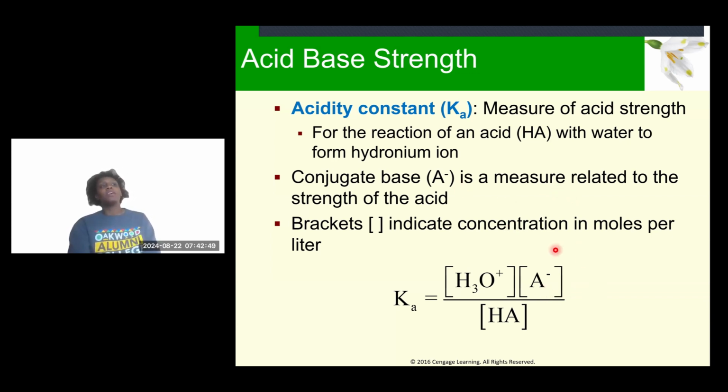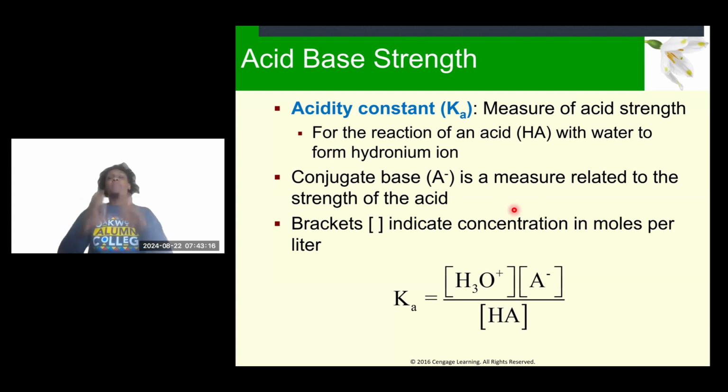Now I just want to point out, you see here where the conjugate base is a measure related to the strength of the acid. So if you have a strong acid, that means it's willing to donate that proton. So let me say what I'm trying to say.